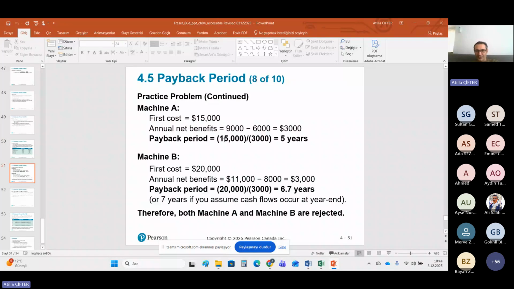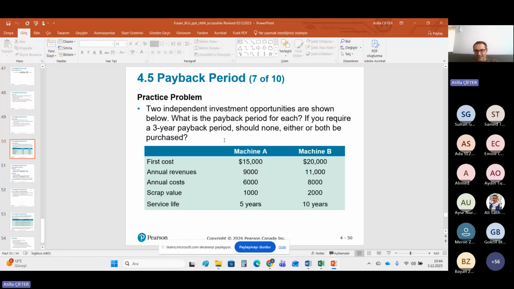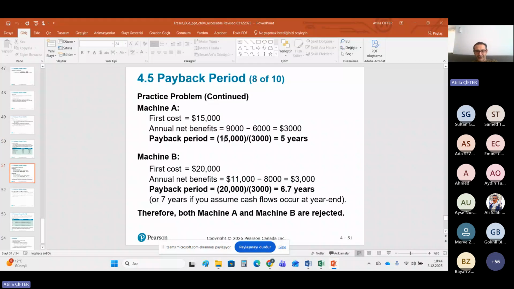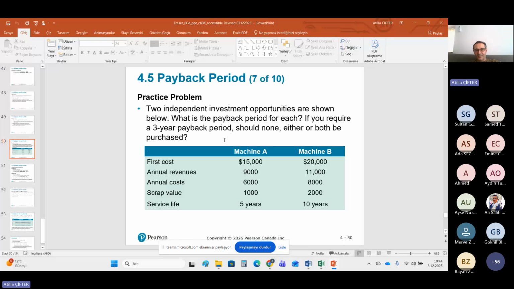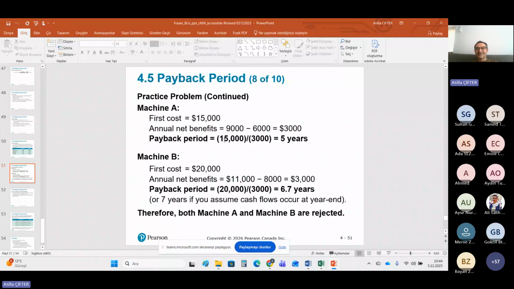Annual benefit is your annual revenue minus annual cost, which is equal to $3,000. So payback period is 6.7 years for machine B. So if you require a 3-year payback period, should none, either or both be purchased? As you can see, both have more than a 3-year payback period, therefore you reject.